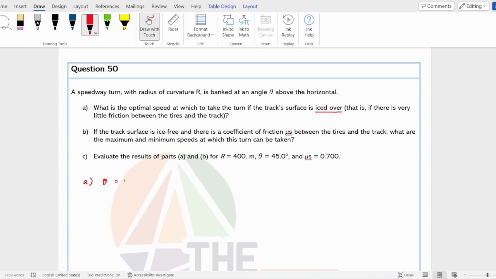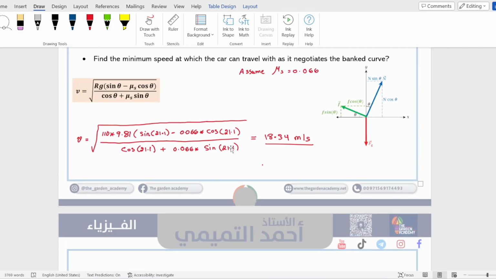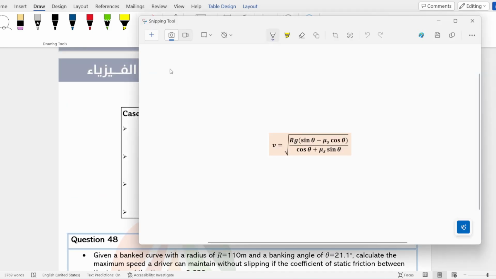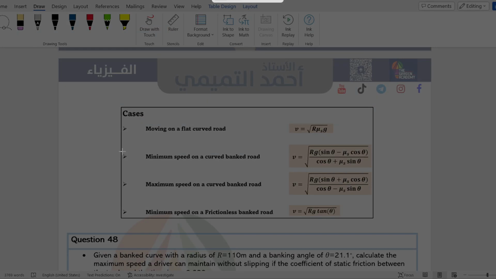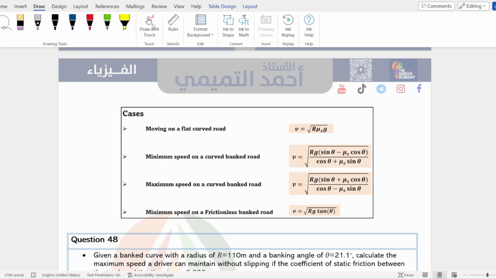In that case, V is equal to the square root of R g tan theta. Let's go to part B. Part B uses the same equations that we mentioned previously, so we can take them from there just to save time. These are the equations, so we can copy them as they are.